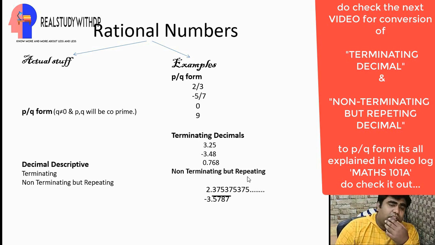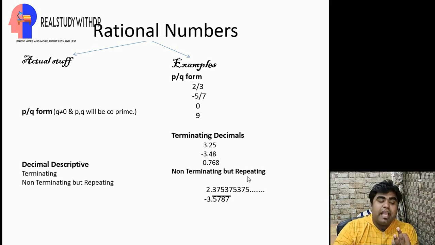So what we have learned in rational numbers is basically that we can define them in 3 major categories. As far as P over Q is concerned, it can be represented. As far as decimal numbers are concerned, we can write rational numbers in 2 descriptive forms. One, if the decimal numbers are terminating, we consider them rational numbers, with the examples I have discussed.